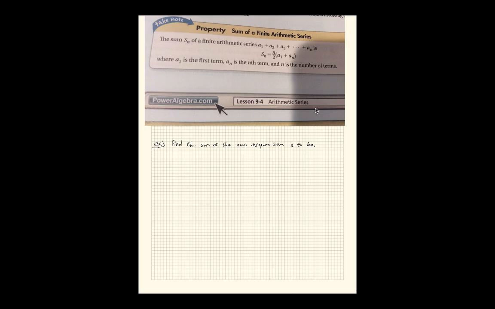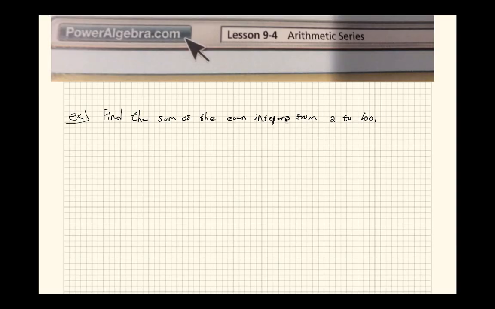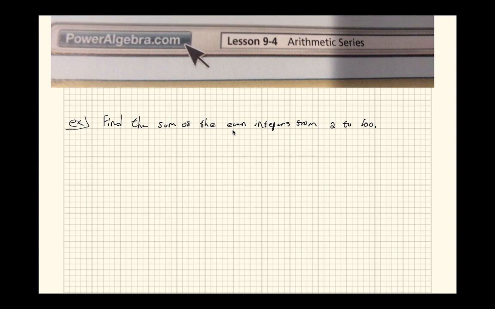So let's use that formula for this example. Let's say we wanted to find the sum of the even integers from 2 to 100. So let's think about what n is. N is the number of terms that we have. Between 1 and 100, there are 100 terms, but if I cut that in half and only count the evens, there are 50 terms.